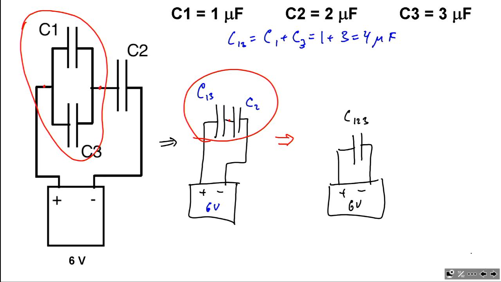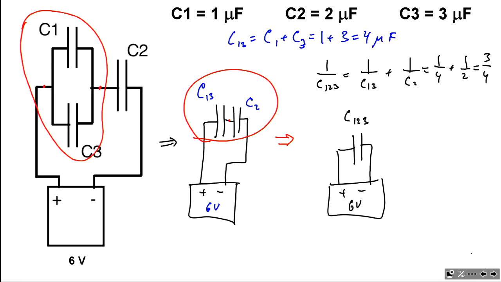And how do we calculate the equivalent capacitance of this capacitor? Well, because the connection is now in series, we have to use the equation for capacitors connected in series, which means it has to be equal to 1 over 4 plus 1 over 2, 3 over 4. But that is not the capacitance yet.